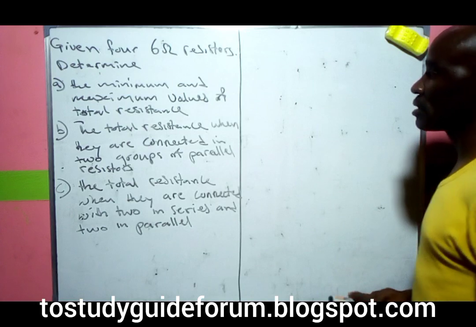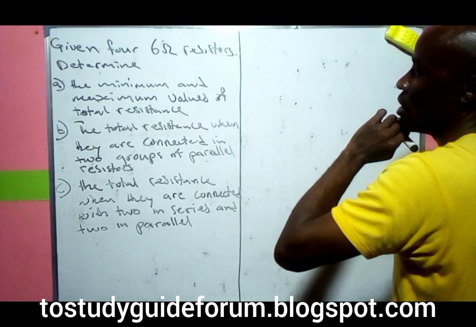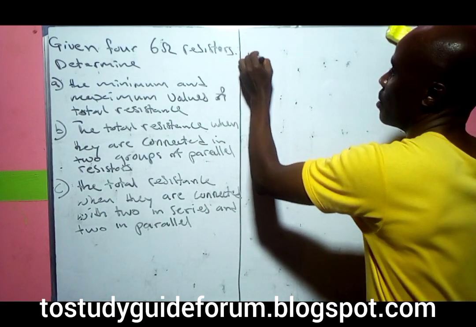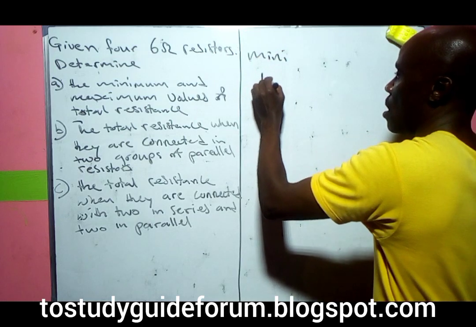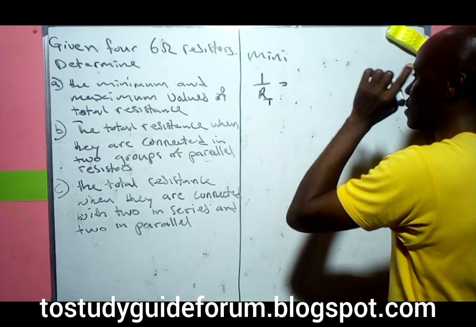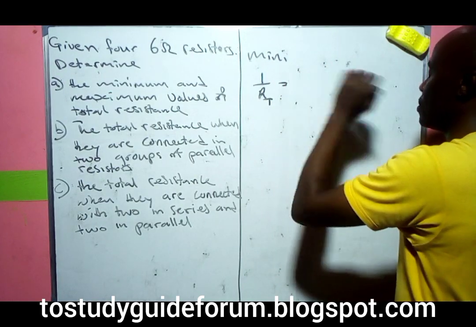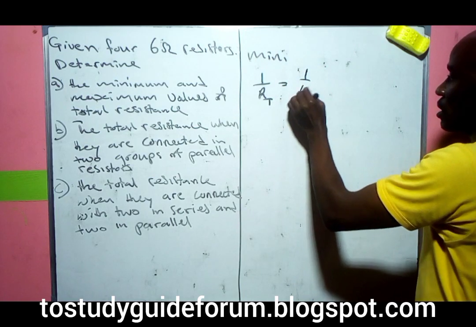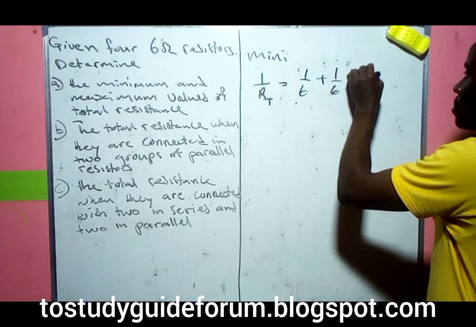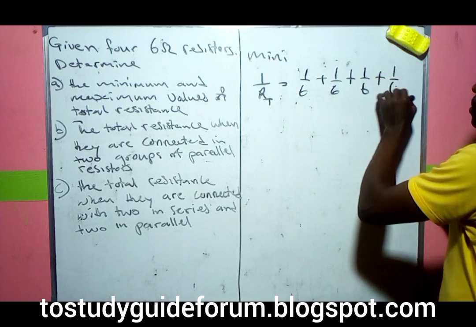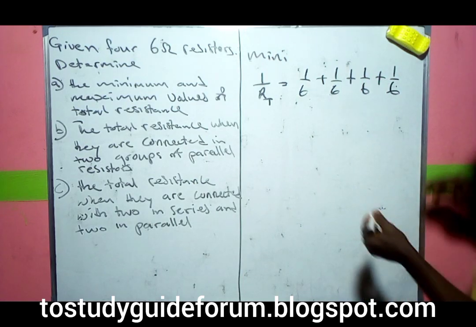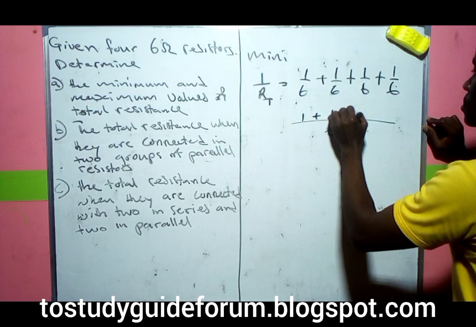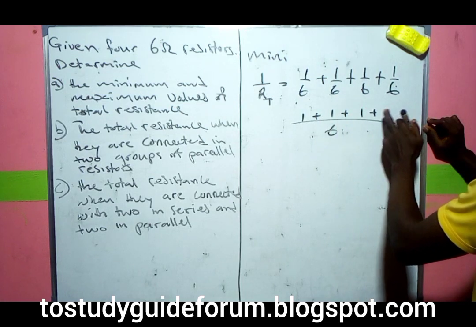Since we have 6 ohm resistors, let's just go straight. We have 1 over 6, four times.